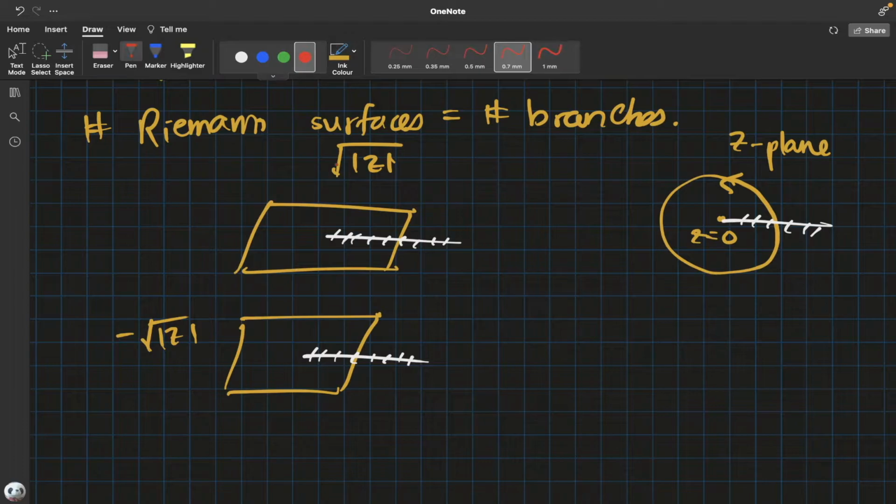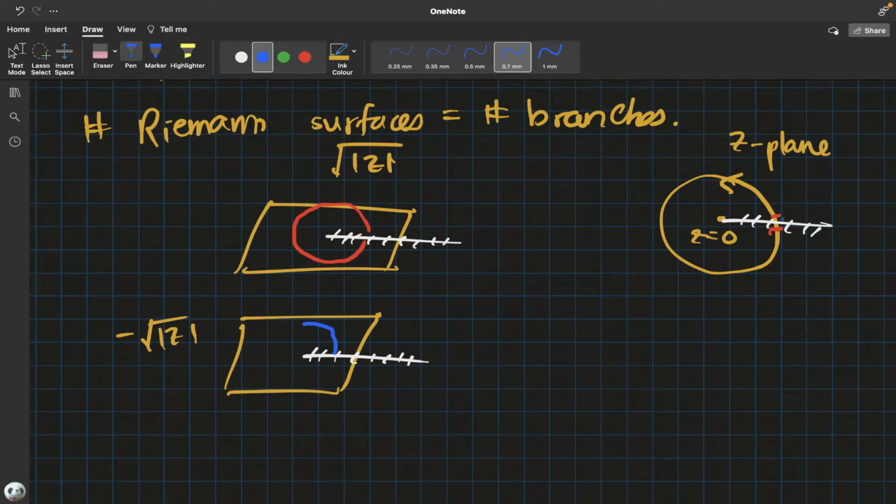So when we're going around, we complete a rotation, which means we start here, we end here. And when we want to connect this path, we encounter a branch cut. And when we encounter a branch cut, that's where we literally jump the sheet and we go to the negative branch. And then we start rotating again.